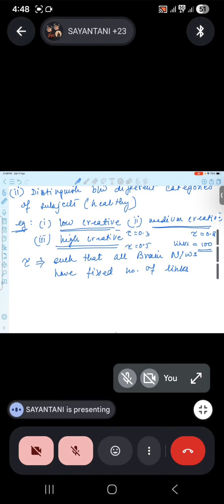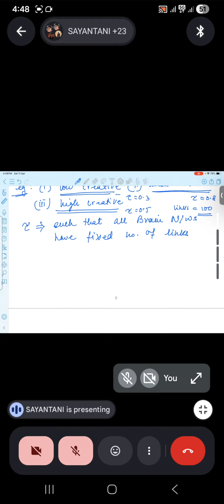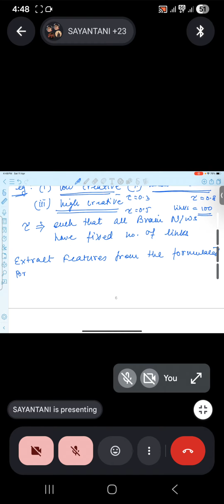Okay, very good. So now we have formulated our brain networks, right? So the third stage is over. Now we have the fourth stage, that we have to extract features from the formulated brain networks.